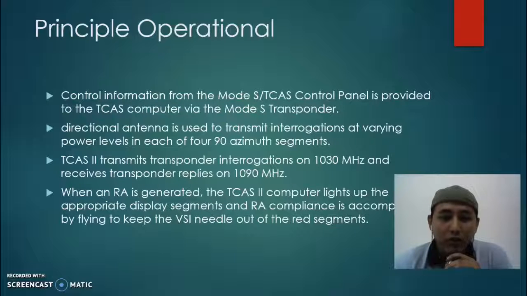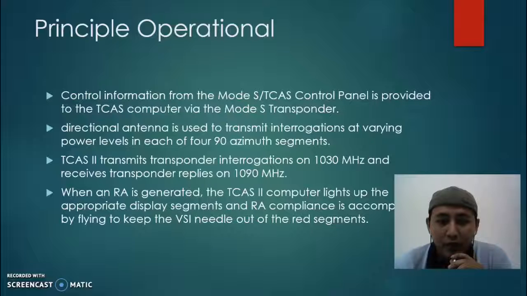An omnidirectional transmitting and receiving antenna is mounted at the bottom of the aircraft to provide range and altitude data from the traffic that is below the aircraft. TCAS 2 transmits transponder interrogation on 1030 MHz and receives transponder replies on 1090 MHz.